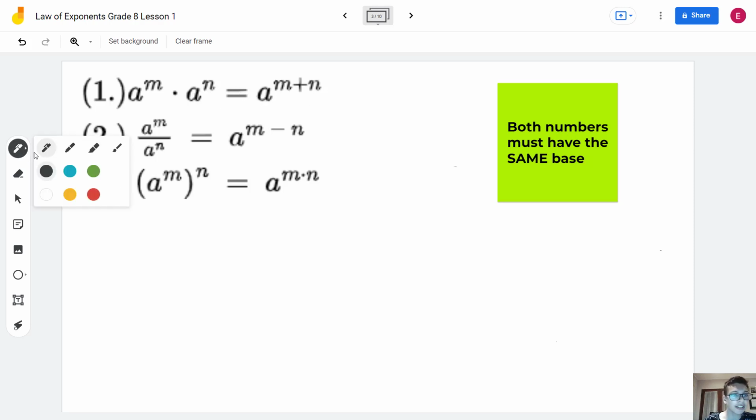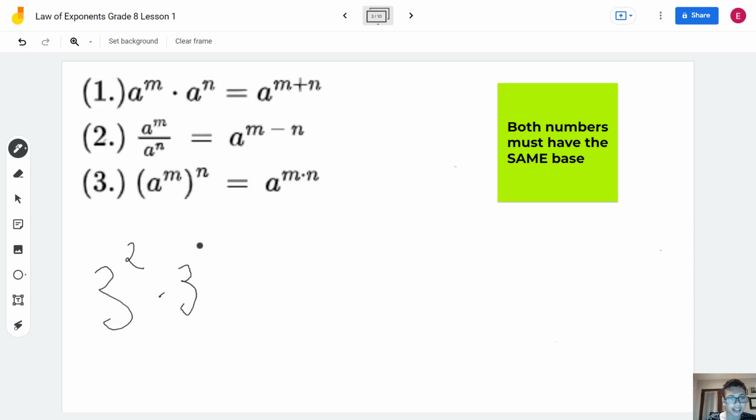So I'll just briefly go over why this is true so you can actually understand why this formula is true. Let's say we have 3 to the power of 2 times 3 to the power 3. This would be equal to 3 to the power 5, which is 3 to the power of 2 plus 3.